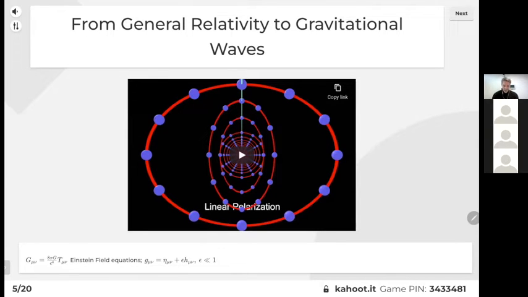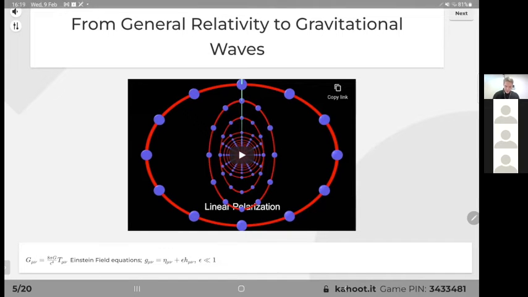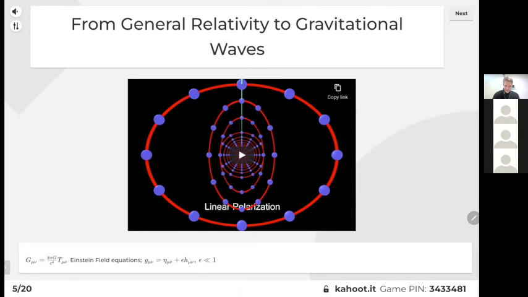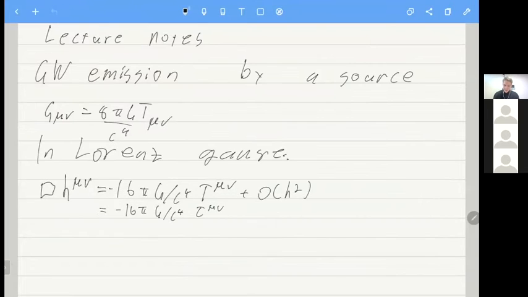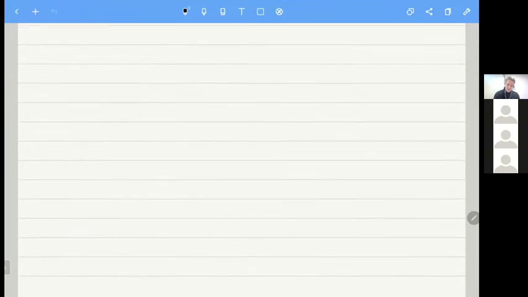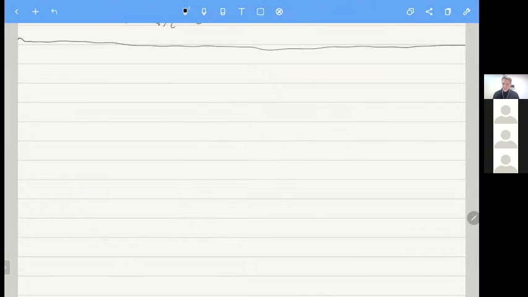And for those that have done a GR course, what typically is done at the end of some of these introductory courses to GR is they derive the wave equation for general relativity. So I'll go very quickly to these notes to just explain the idea, for those that might be interested in the GR aspects without going into the detailed derivations and so on.